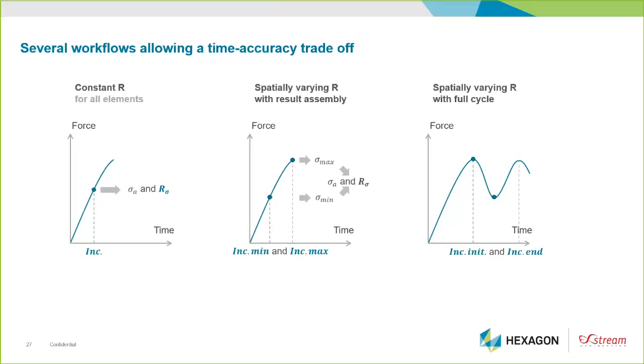Digimat-RP will identify for all elements the maximum stress and the minimum stress, and based on those two extrema per element, define the appropriate stress amplitude and load ratio. So here as well, we can capture the fact that the load ratio and stress amplitude will be different per element, and most likely depend on the load amplitude.